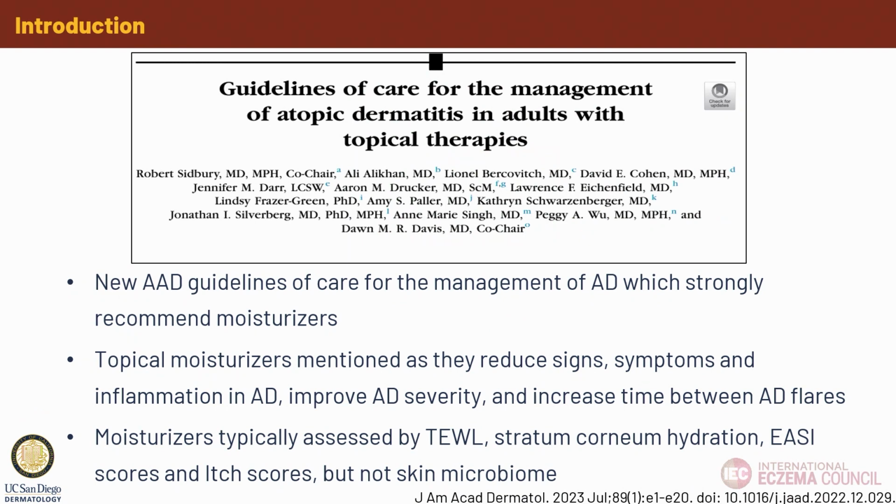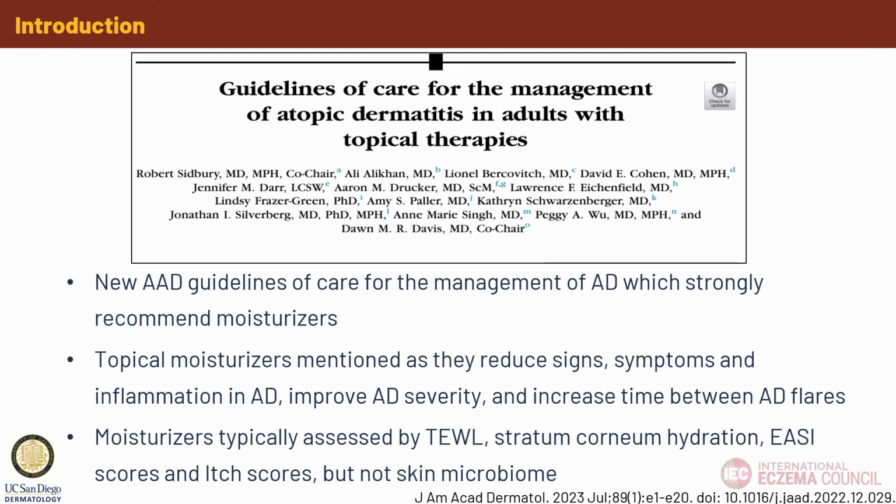I would like to start by highlighting the importance of topical moisturizers in the therapy for atopic dermatitis patients. The AAD released a new guideline last year, and it actually includes many of the distinguished authors present here today.